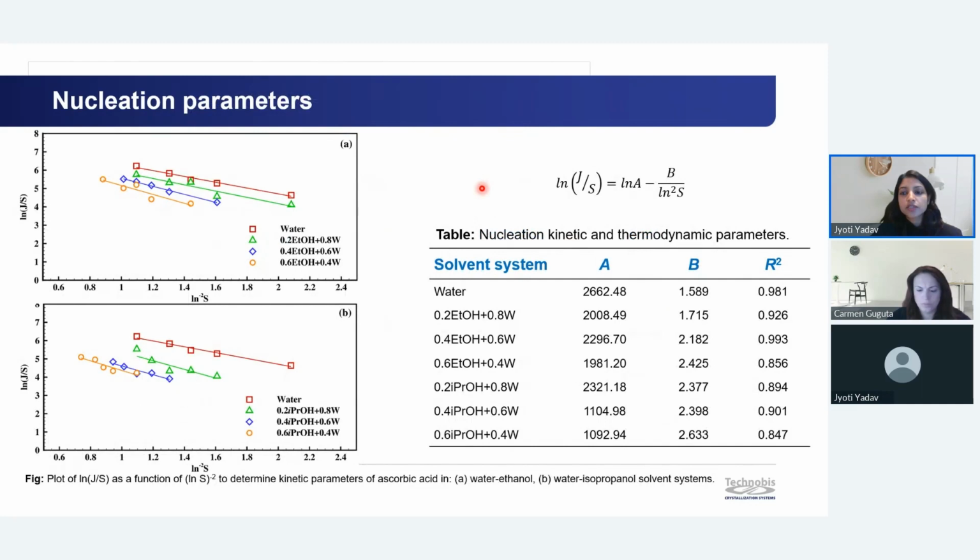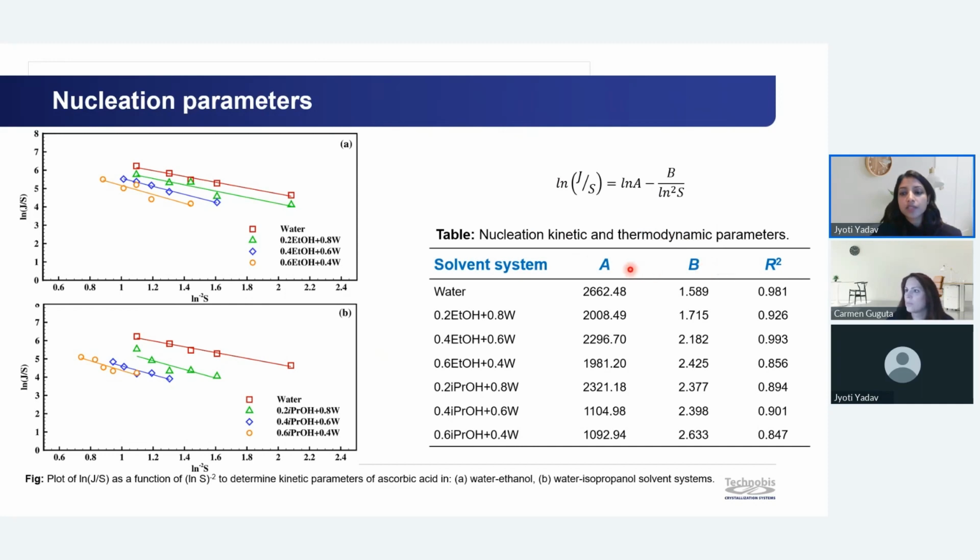Then further, the nucleation rate J is related to the supersaturation ratio S according to this equation and is plotted in these graphs. And from the graphs, the values of kinetic parameter A and thermodynamic parameter B were calculated from the intercept and the slope.